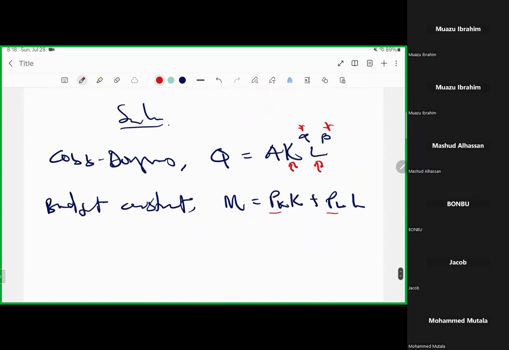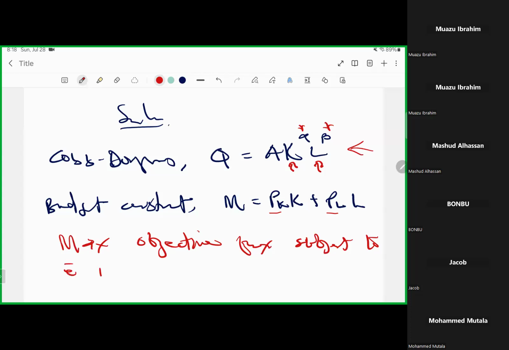Please note that this is a Lagrangian function. So what do we have to do? We have to maximize our objective function, which is this one, subject to the budget constraint function.